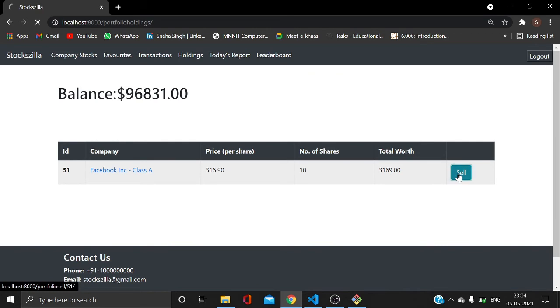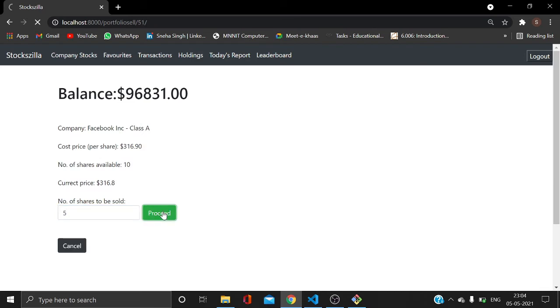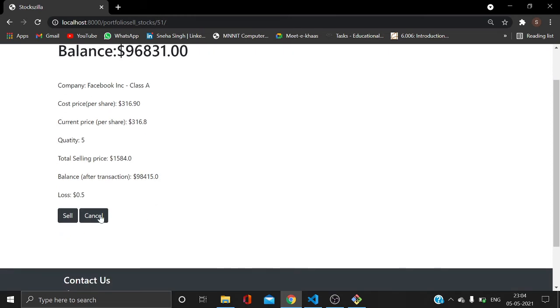From here, we can even sell a few stocks. Suppose I want to sell 5 stocks. It will also tell us how much loss or profit we are getting after that transaction.